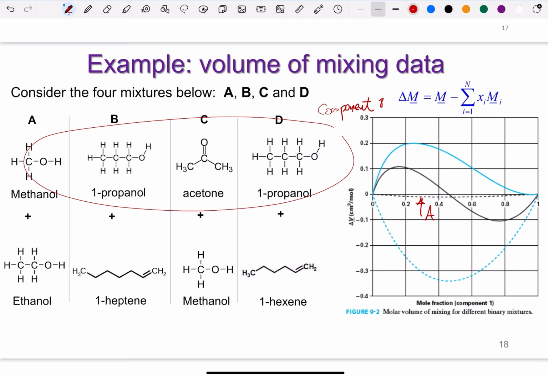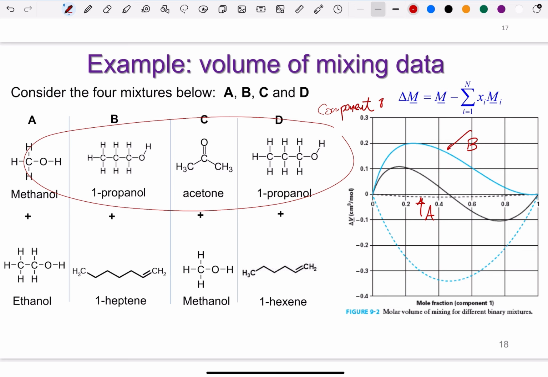For mixture B, it turns out your volume of mixture is always going to increase. These two components pretty much repel each other. The interactions are slightly different. You have a hydrogen bonding OH group over there. In heptane, it's all hydrophobic. So always they are going to repel each other.